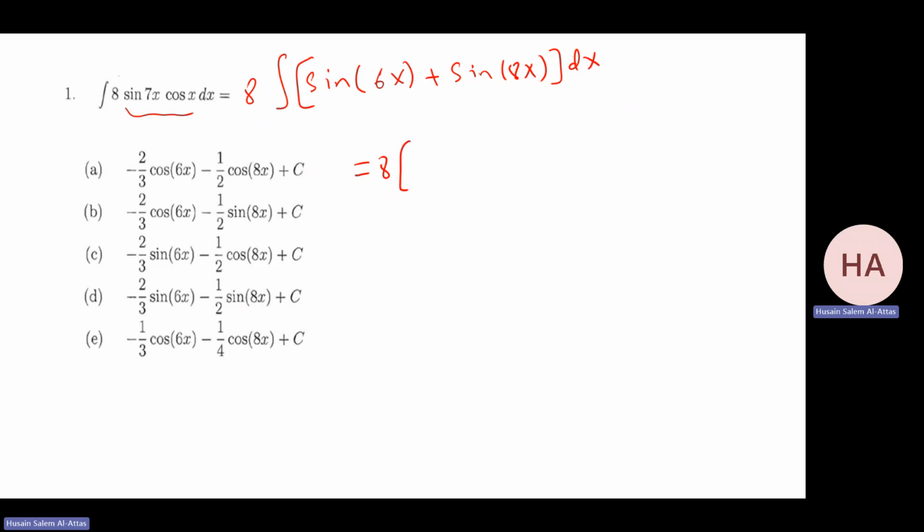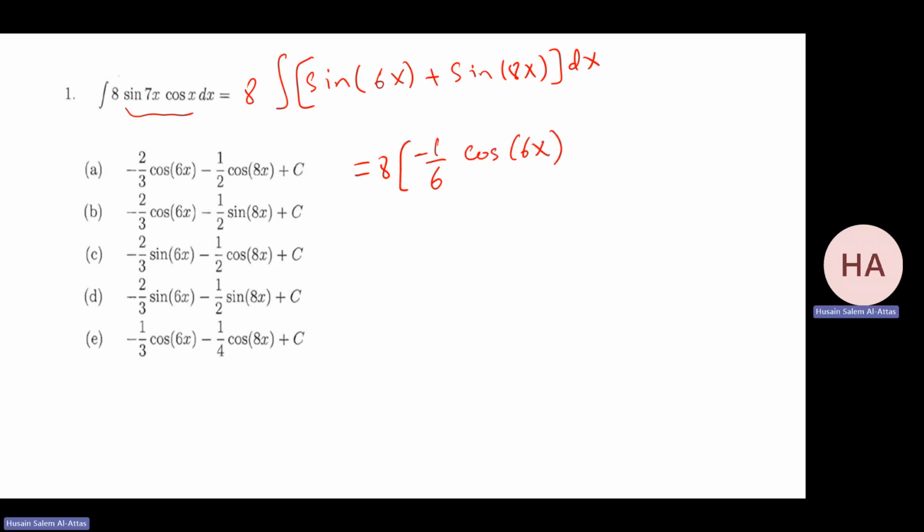That will be what? 1 over 6 with a minus sign, cosine 6x.